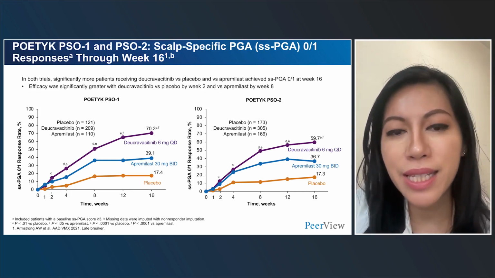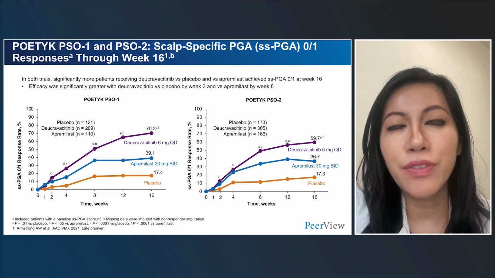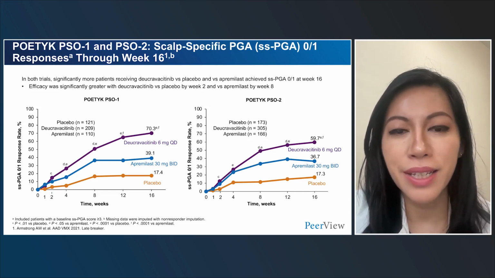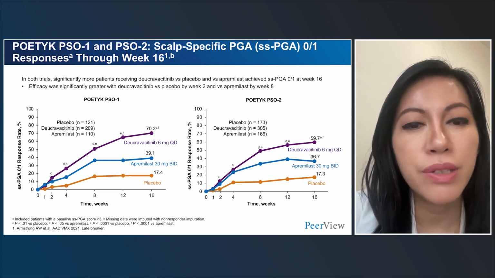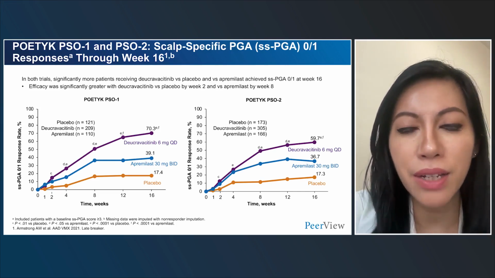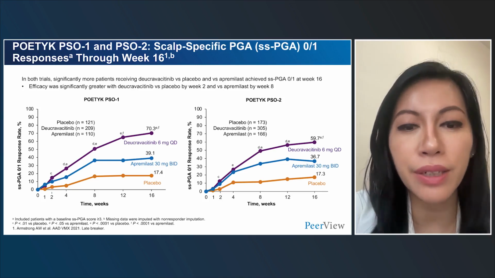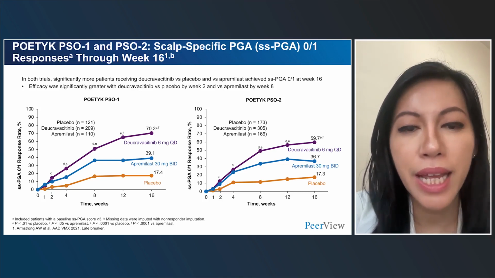So what we see in this subgroup analysis is that if you have generalized plaque psoriasis, and you also have moderate to severe plaque psoriasis of the scalp, about 70% of the patient population here will achieve clear or almost clear after 4 months. Now, this is significant improvement.